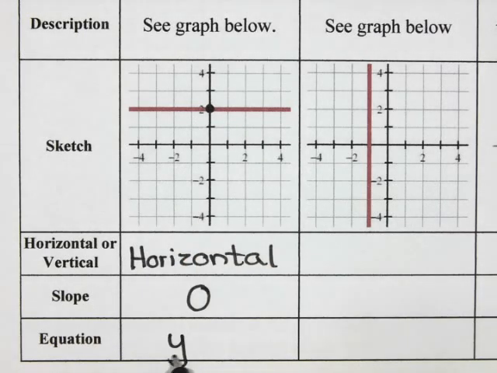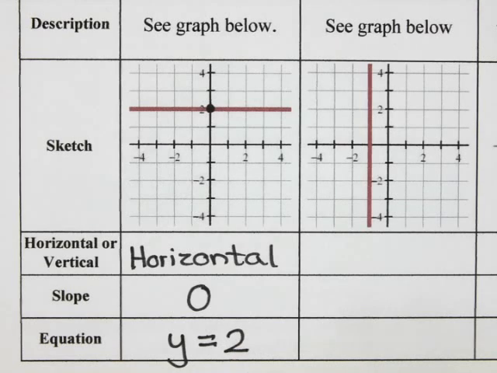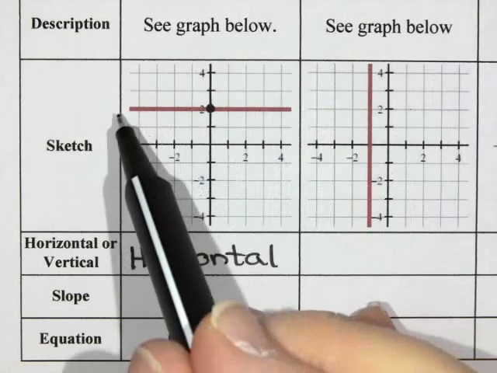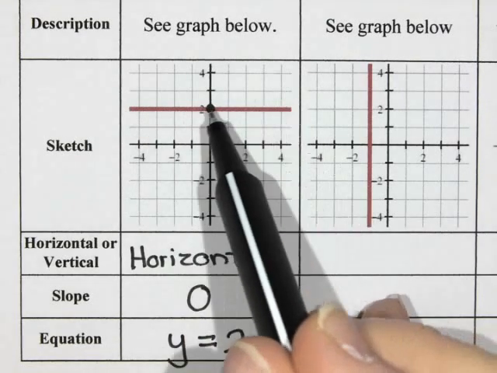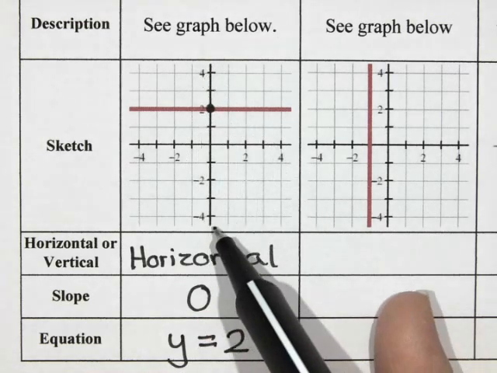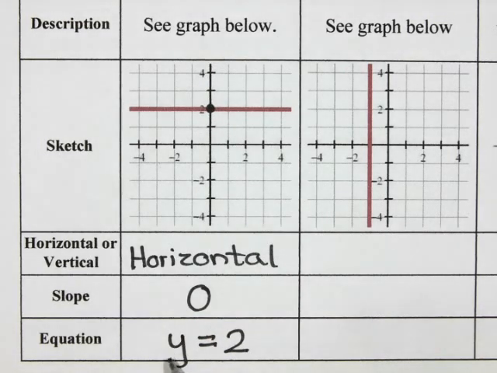Now, this is just how it works in my brain, and everybody's brain is different. But when I look at horizontal and vertical lines, I see that this crosses the y-axis at 2. So I know that it's crossing the y-axis, which means it's going to be y equals, and it's crossing it at 2, so I know it's y equals 2. You're going to see me repeat that for all the other ones. That's kind of how I figure it out.